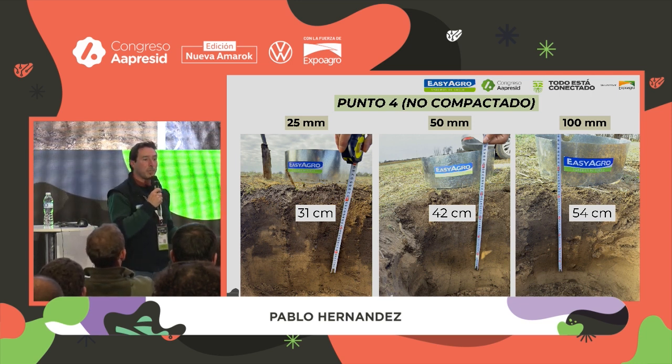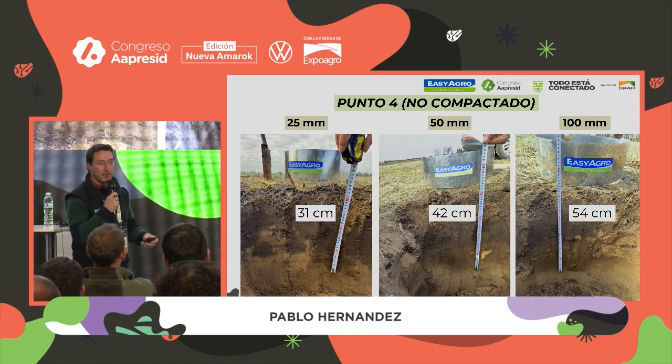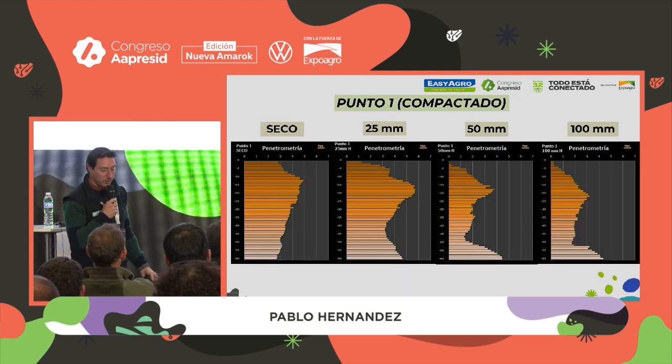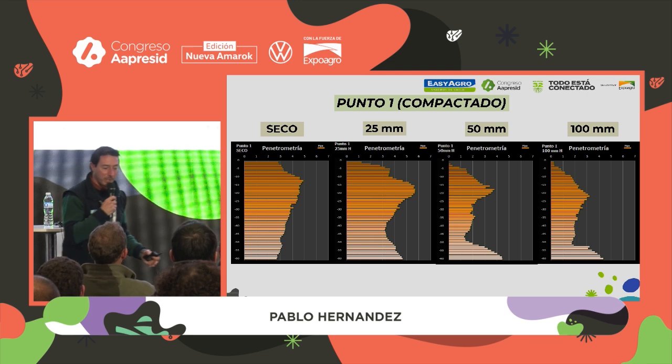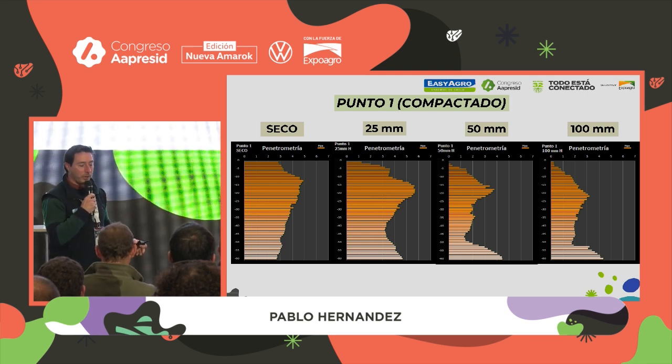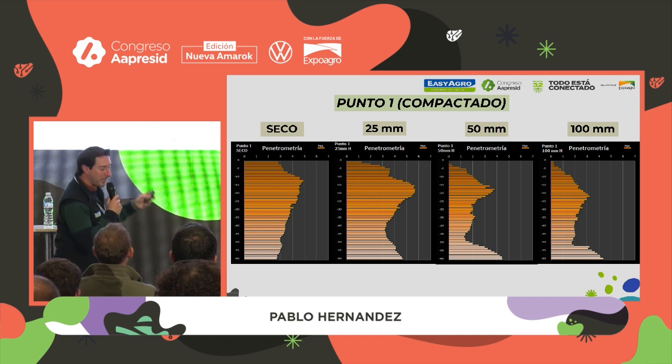This capacity of infiltration is fully associated with the root capacity of plants to absorb nutrients, and it is also related to the final yield. When we analyze the penetrometry, it is important to understand whether the soil is dry or compacted.